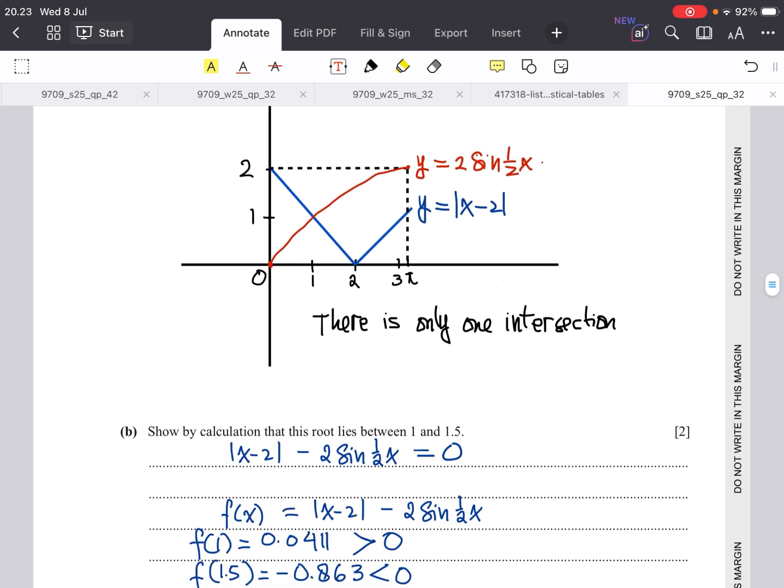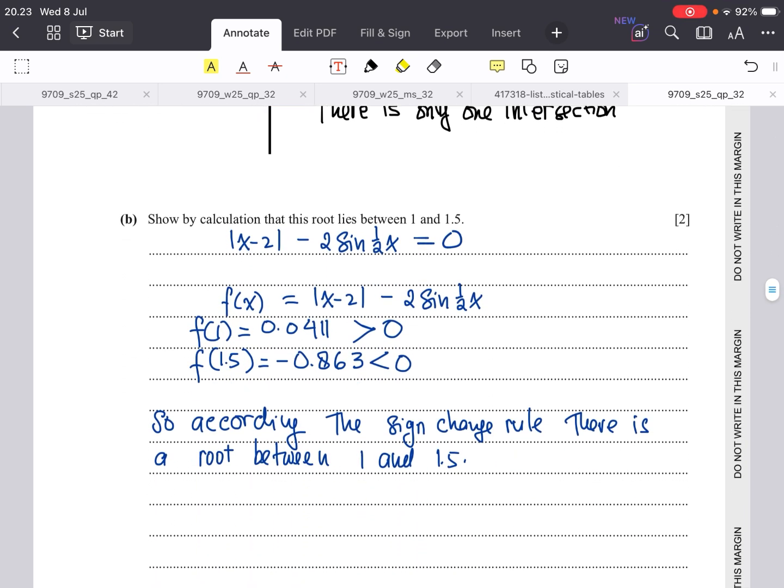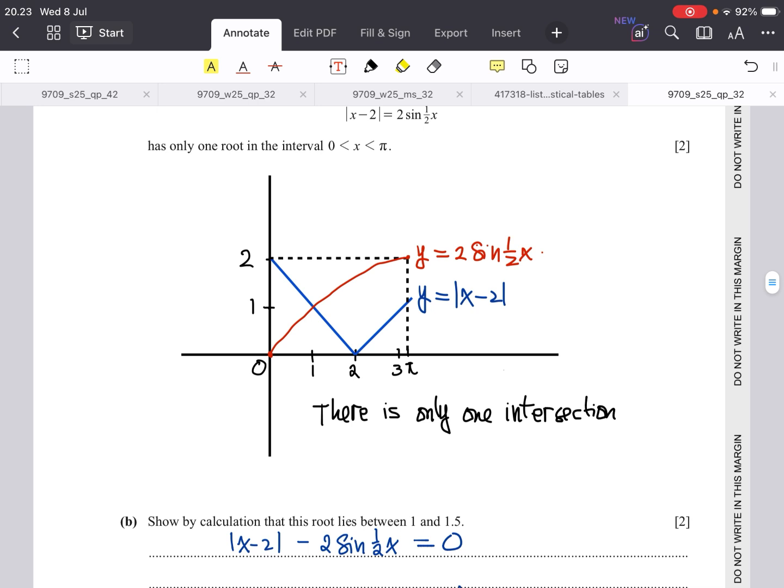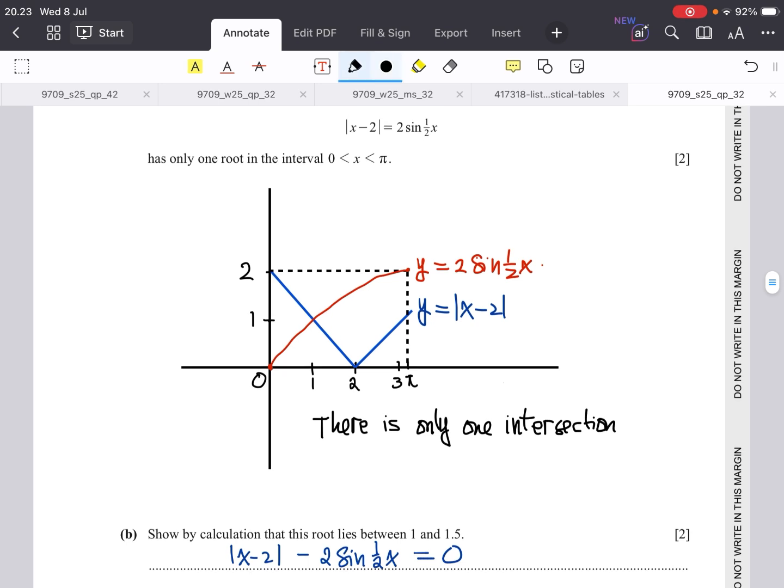And then for part B, show by calculation that this root lies between 1 and 1.5. So we move the expression on the right to the left.